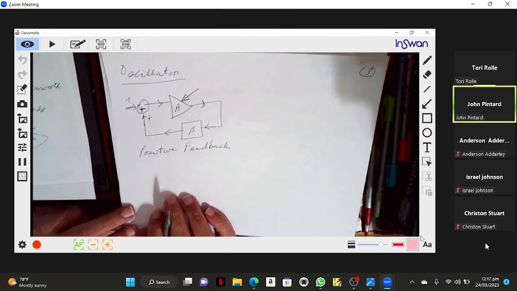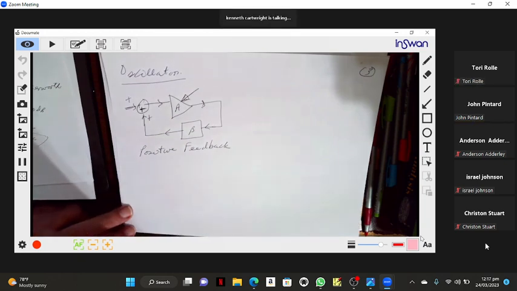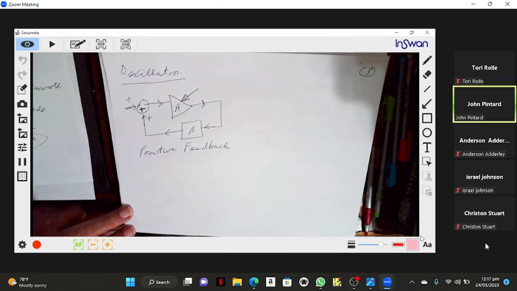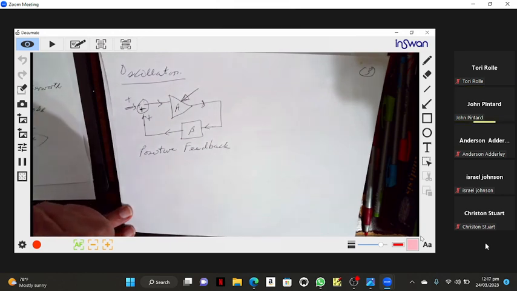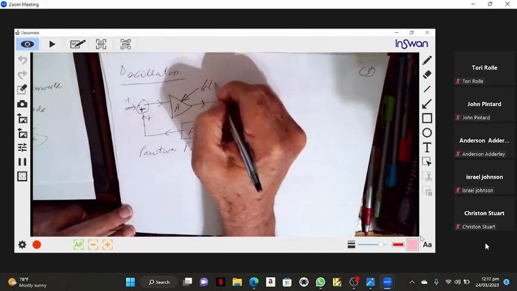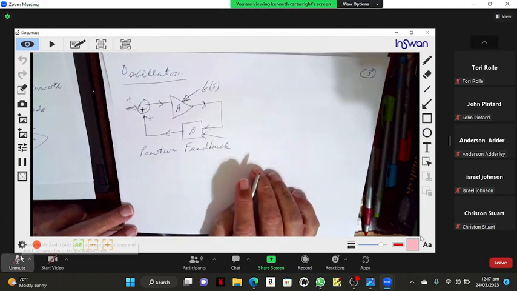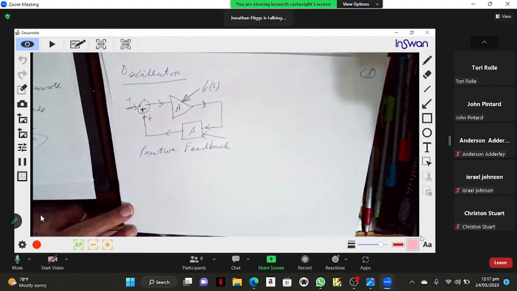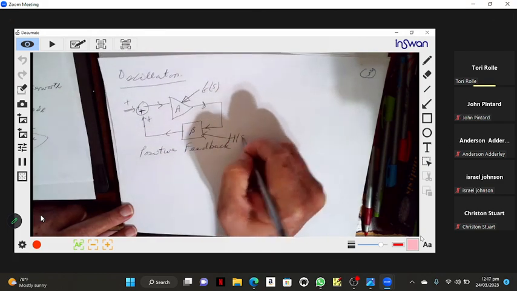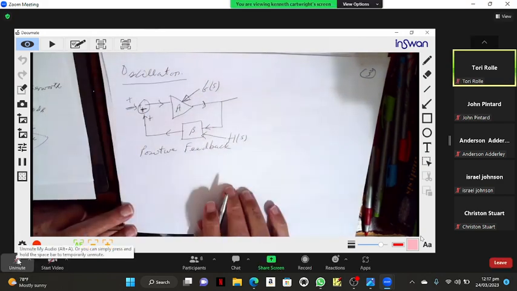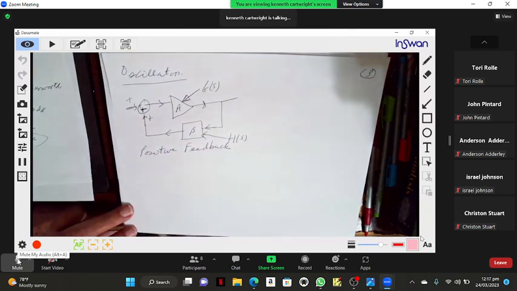G of S altogether, right? G of S. And what do you call the feedback path? What do you call the transfer function for the feedback? That's H of S. And what was the overall transfer function?